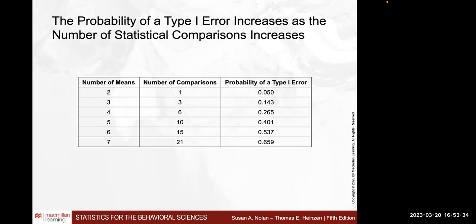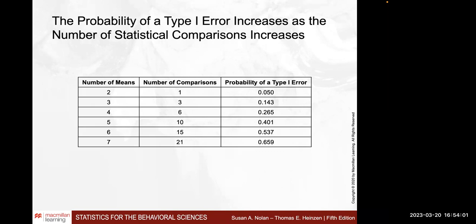So each time you're accepting a 5% chance that you're rejecting something that you shouldn't reject. If I have 3 groups, then I do 3 comparisons: A versus B, A versus C, B versus C. That's 3 comparisons. So the problem is that now the probability of your type 1 error is inflating exponentially.